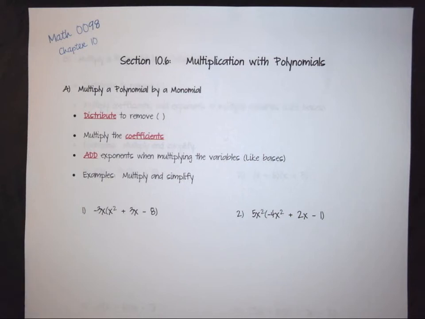Here we are going to look at two different types of problems. The first is multiplying a polynomial by a monomial, meaning a single term. The second is how to multiply polynomials if you have a binomial or greater.